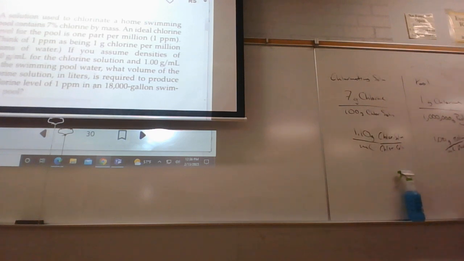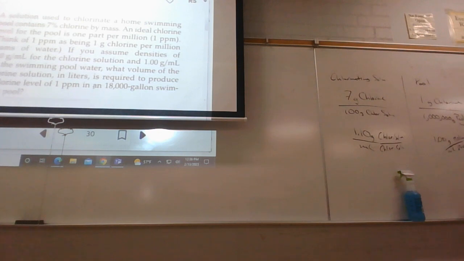How about the 1 ppm? Does that depend on how big the swimming pool is, or we want 1 ppm regardless of what the size of the swimming pool is? We want 1 ppm regardless of the size, right? That's intensive, independent of the amount. How about 18,000 gallons of pool water? Is that intensive or extensive?